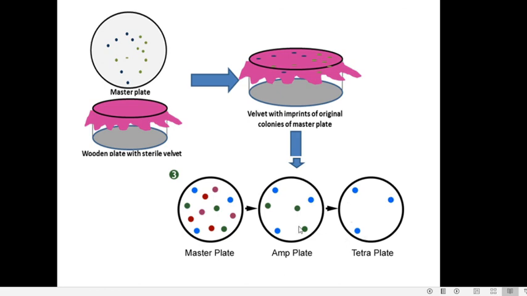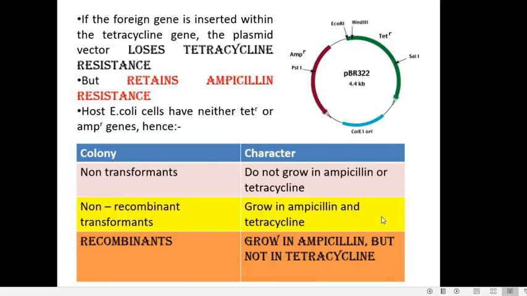So I can say 1, 2, 3. These 3 are colonies formed from cells which have the ability to grow both in ampicillin and tetracycline. They are the non-recombinant cells which have taken up this vector in the recircularized form. That is why they grow in both ampicillin and tetracycline.